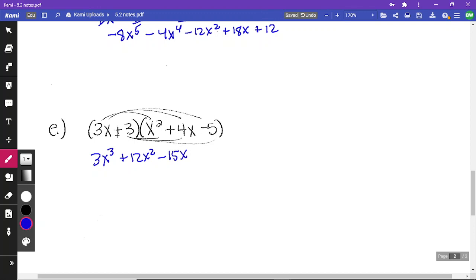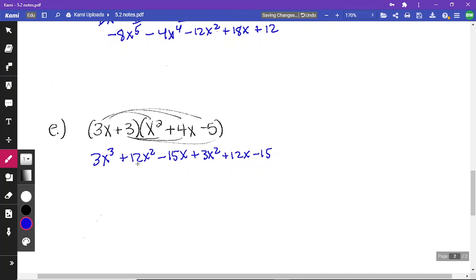And then that's it for the 3x. Then 3 times x squared is 3x squared. 3 times 4x is 12x. And then 3 times negative 5 is negative 15.